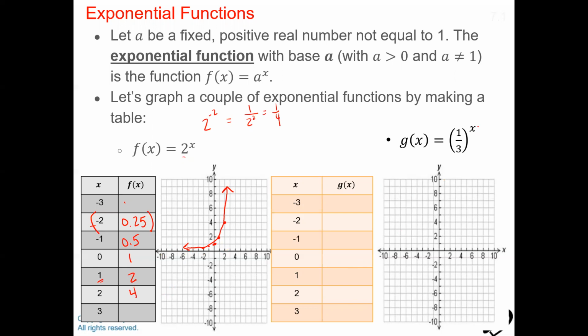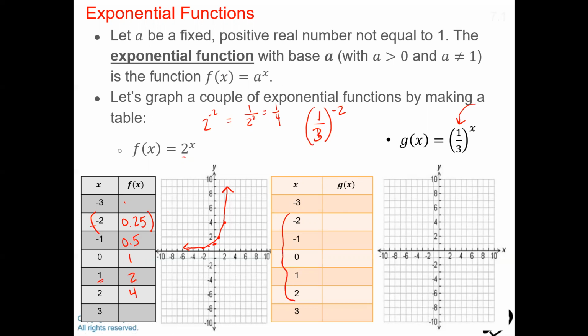All right, now this one over here, we have 1/3. So we're going to use the same x values. So 1/3 to the -2. So guys, we can put that right in our calculator, right?